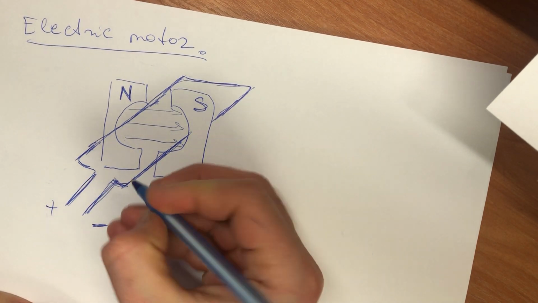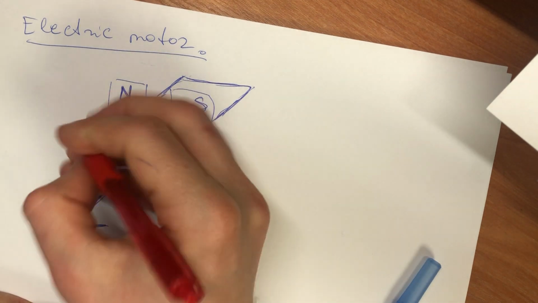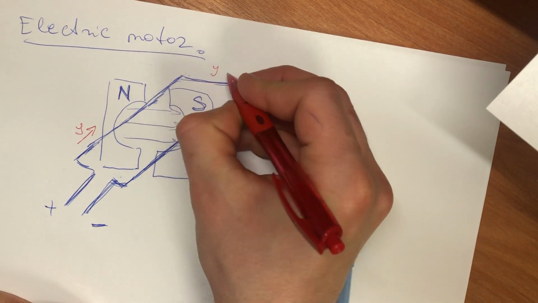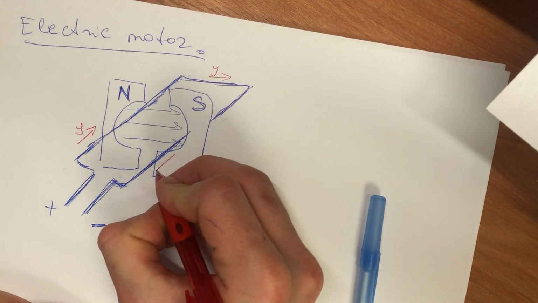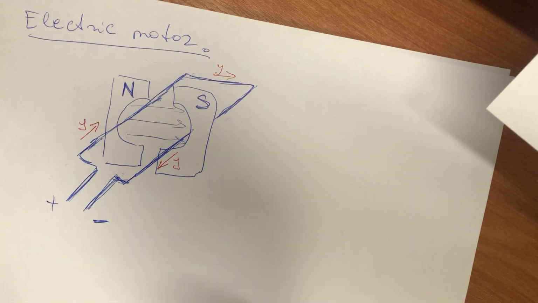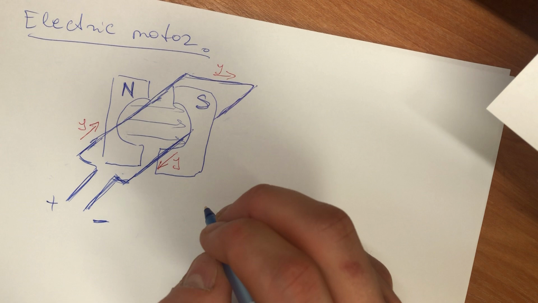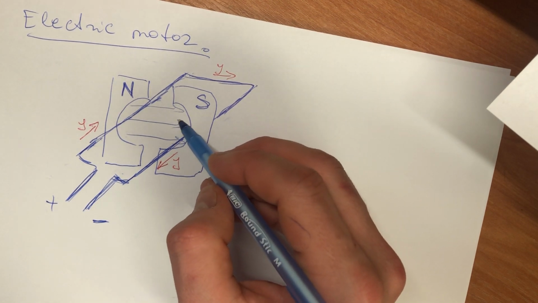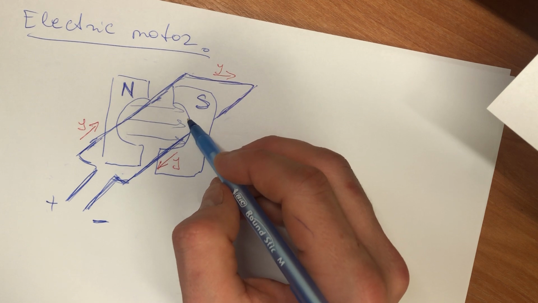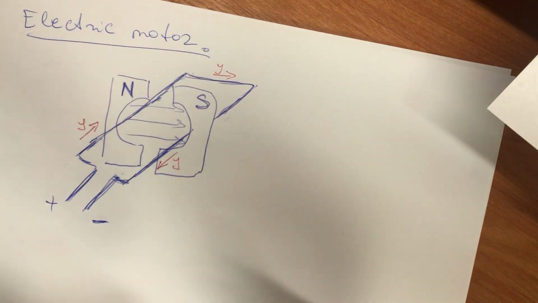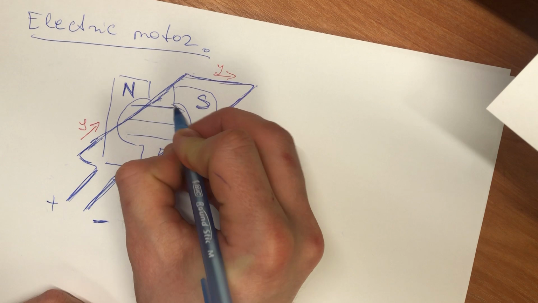Current is flowing from plus to minus. So current is flowing here in this direction from plus. Here current is flowing, and here current is coming back. So the direction of the current is different. In this case, what's happening? Now, if I apply the left hand rule, I would have to hold my hand like this.